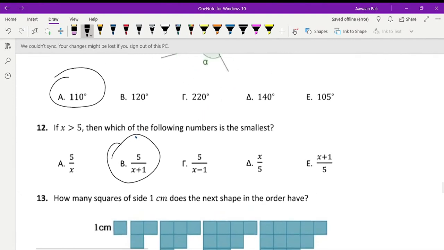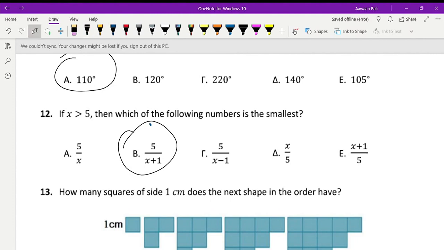Now, question number 12. If x is bigger than 5, then which of the following numbers is the smallest? Now, let's see. There's a rule for fractions, all of them.